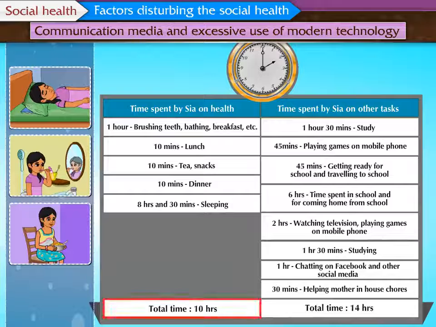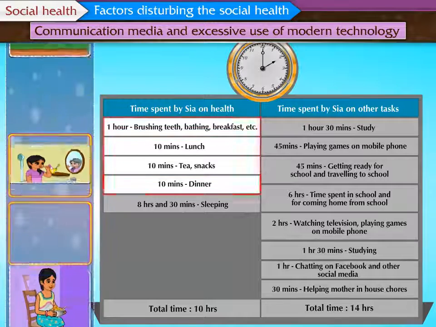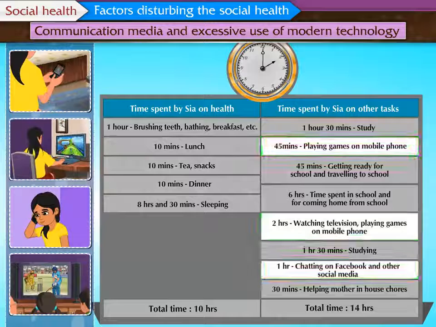Out of those 10 hours invested on her health, apart from sleeping time, Sia spends only 1 hour and 30 minutes for her health and hygiene. On the other hand, Sia spends 3 hours and 45 minutes watching television, playing games and chatting on mobile phone and computer.